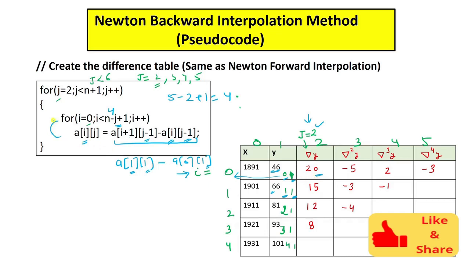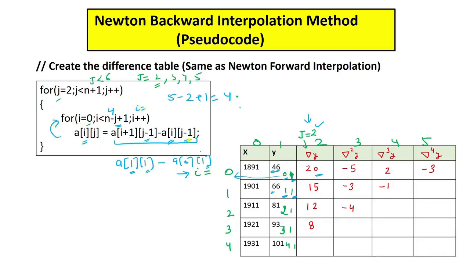Now this loop will again run, and now i will be equal to this one. Now for this i equal to 1, I need this 15 value, which is the subtraction of 81 and 66. So this is actually 2. Again, 2 is 1 greater than this i, so i plus 1. Okay, and this one is 1 lesser than this j equal to 2, so I am saying j minus 1.